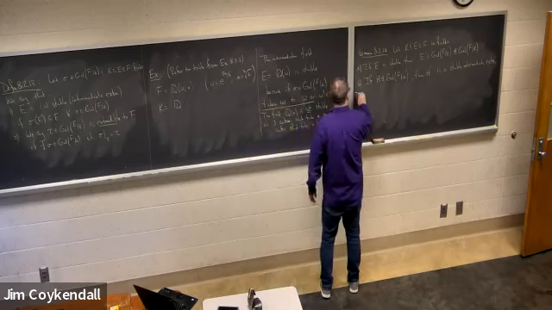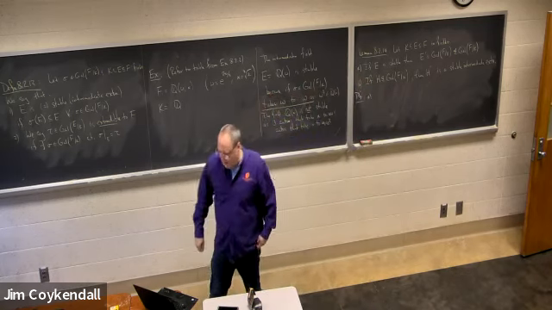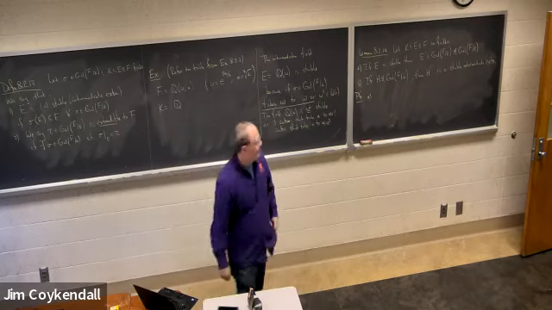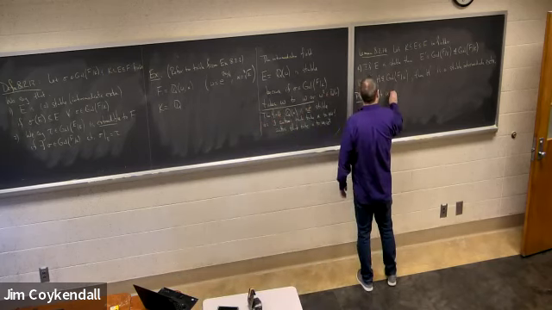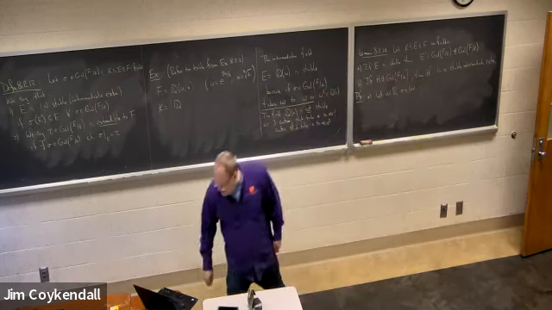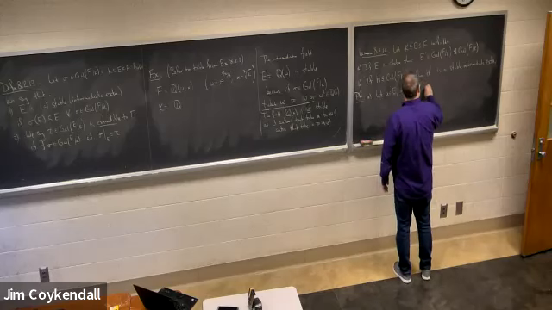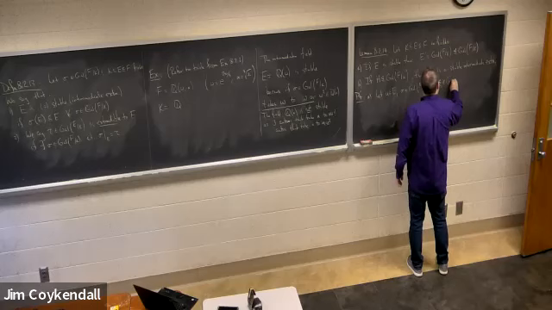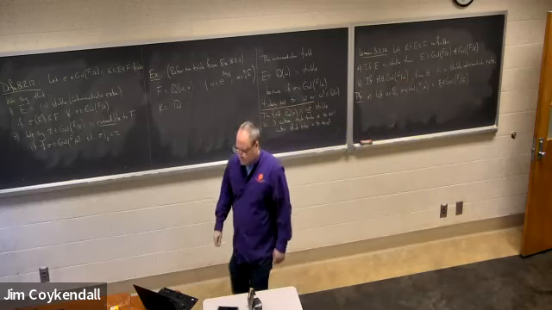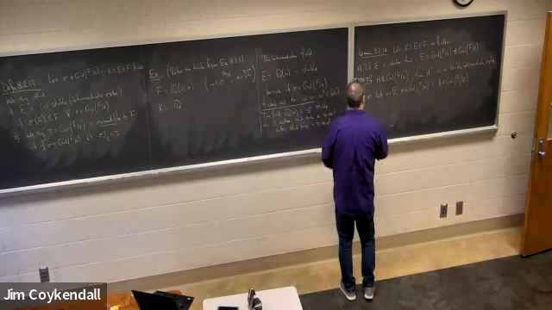Proof. Let's do A first. We want to show that if E is stable, then E prime must be normal in the Galois group of F over K. So let U be in E, sigma in the Galois group of F over K, and tau in the Galois group of F over E. Now, what we need to do is, of course, our goal.